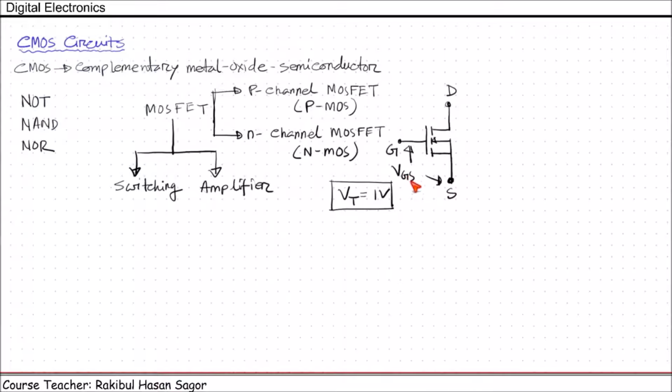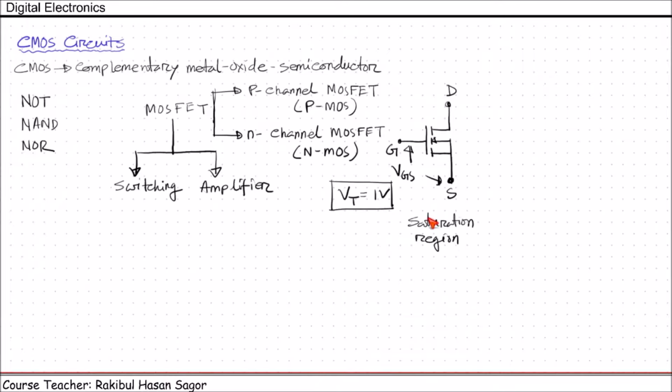Now if we provide VGS equal to 5 volt, that means this 5 volt is much greater than 1 volt. So this will be in the saturation region.